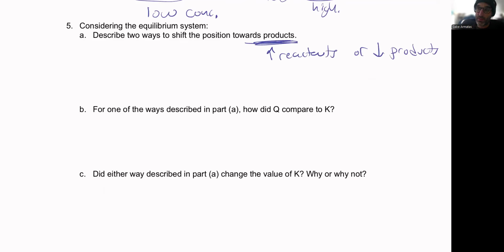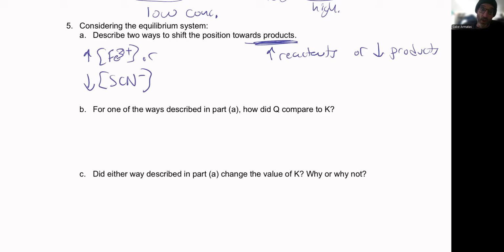There's no real way to remove iron thiocyanate from solution because we're forming it. So I can increase the concentration of iron, or I can decrease the concentration of SCN minus. Either one of those is going to get me to an increased amount of product.